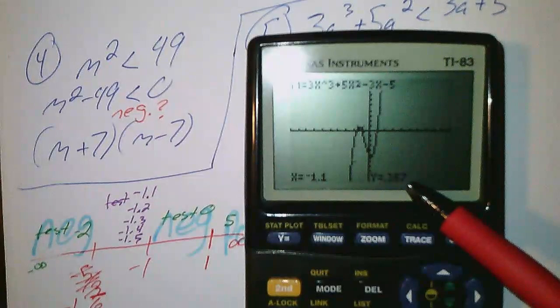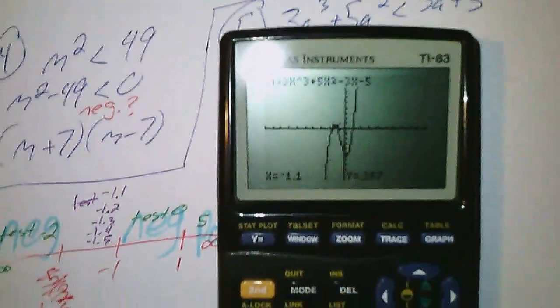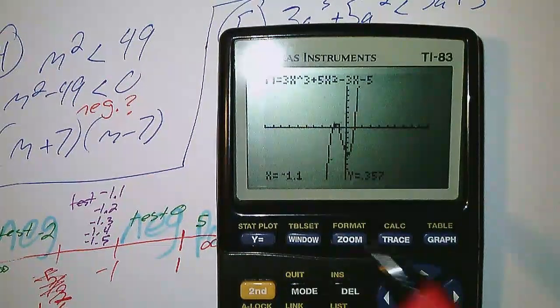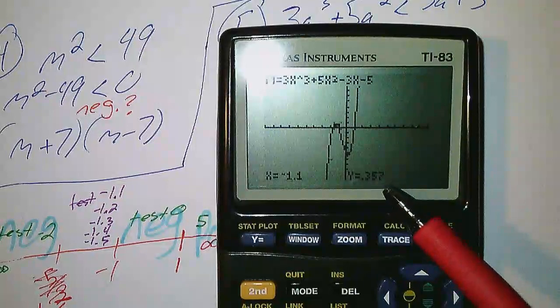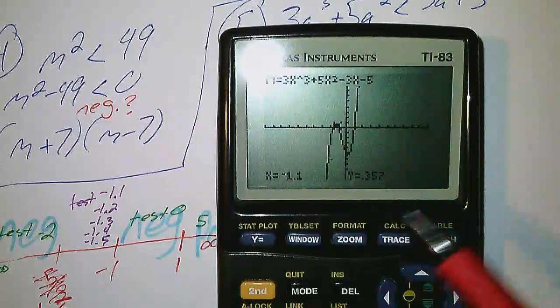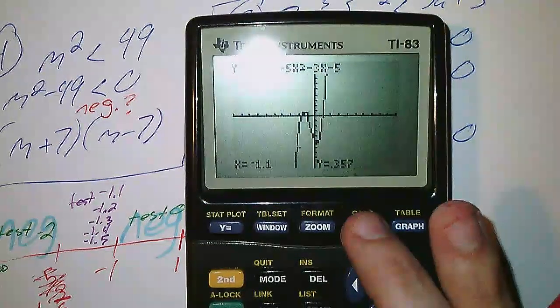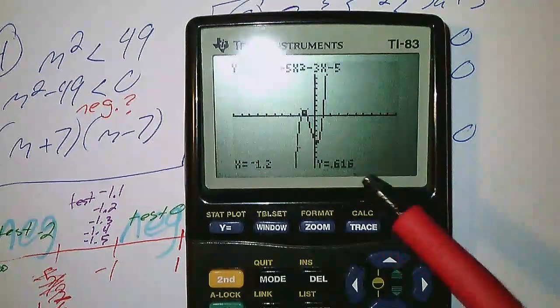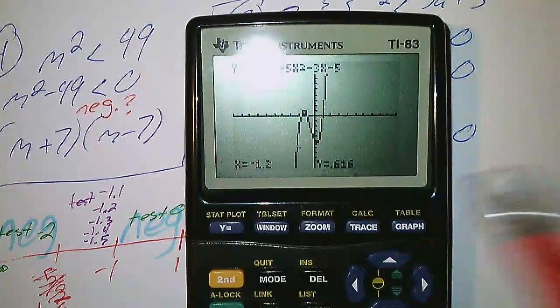We can see that we have a, let's see, autofocus. Oh, that's the light. Sorry. Hey, that maybe helped. At -1.1, we have a positive value. It's 0.352, but it is positive. Let's trace at -1.2. Again, it's a very small number, but it is positive.